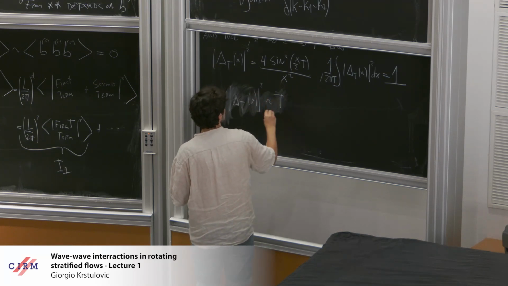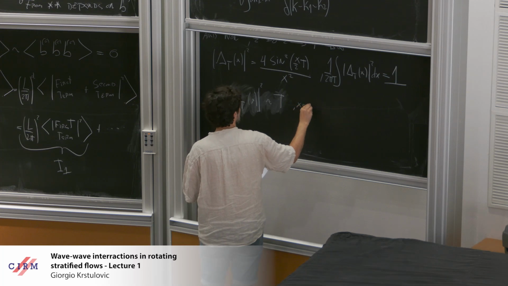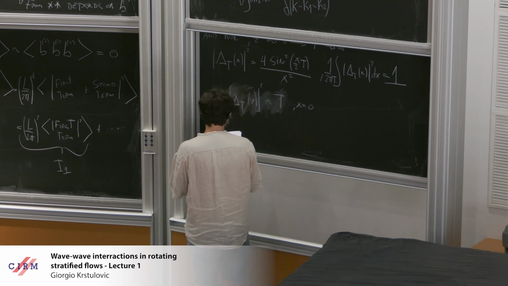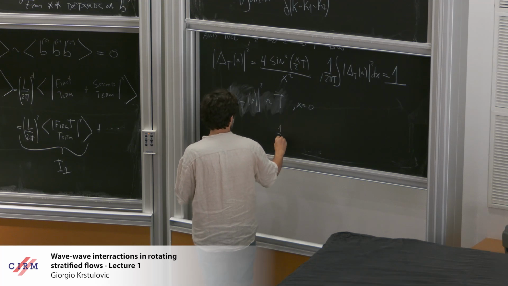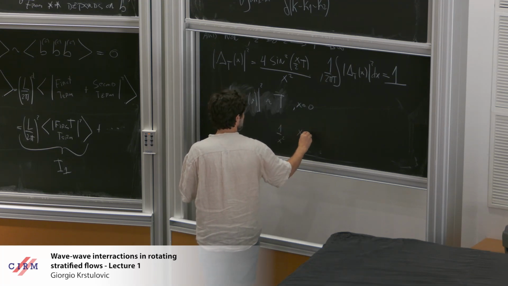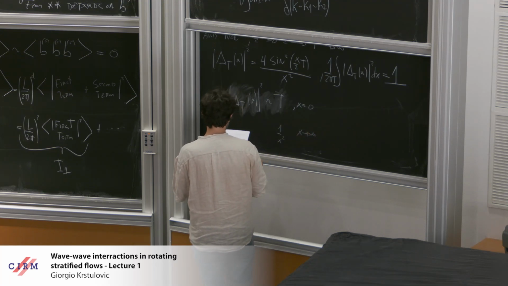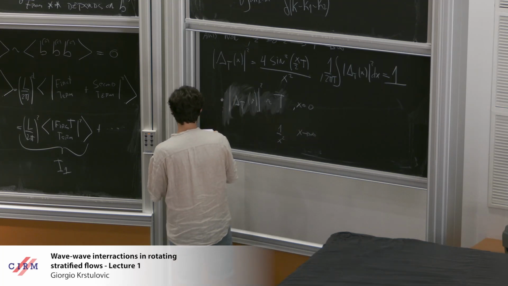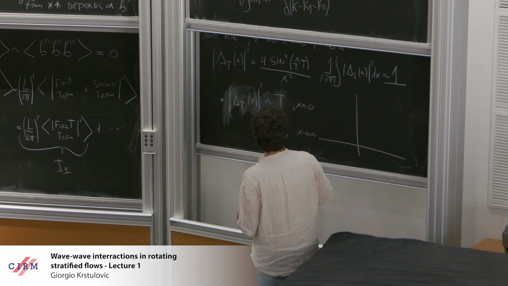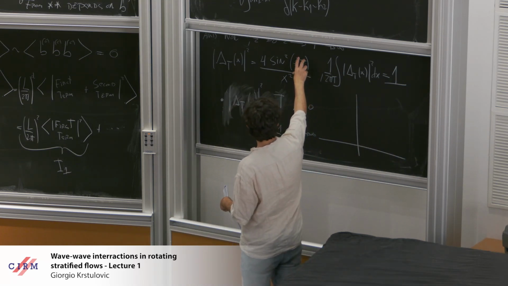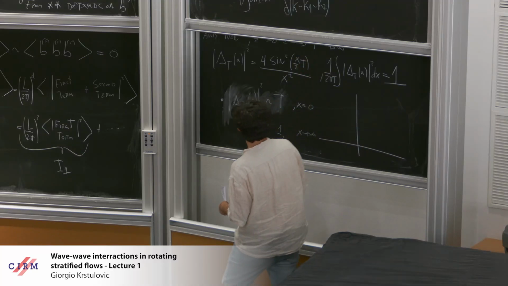It's like t for x going to 0, and goes like 1 over x squared.